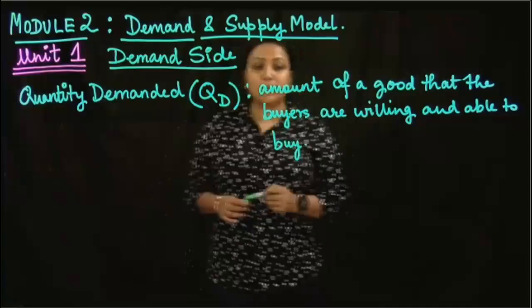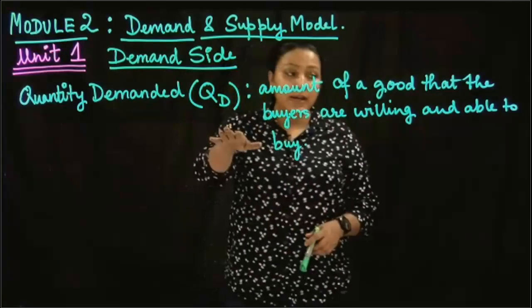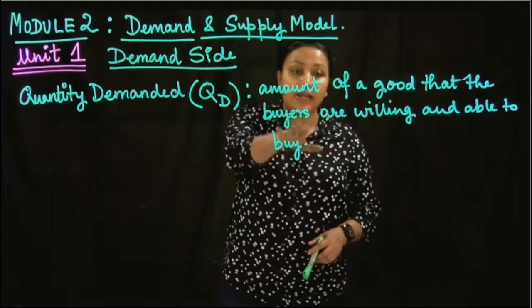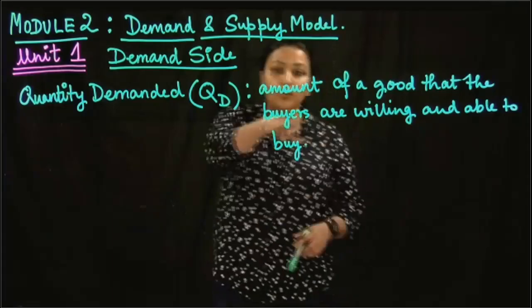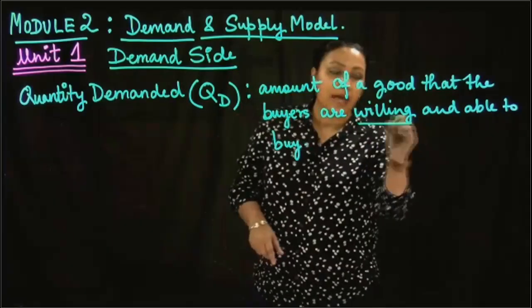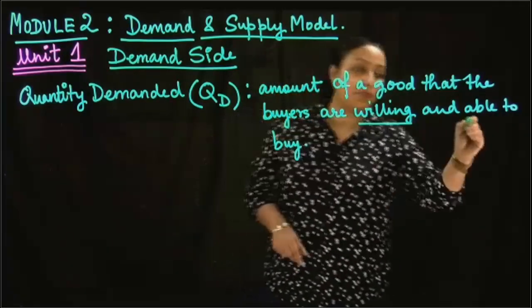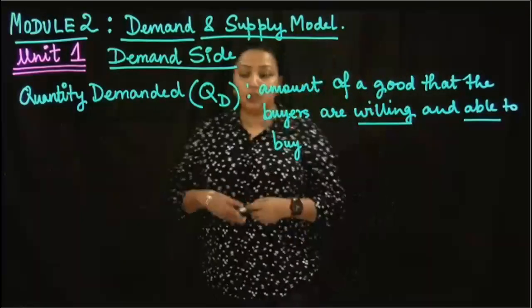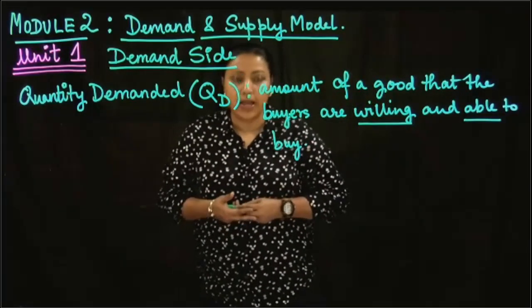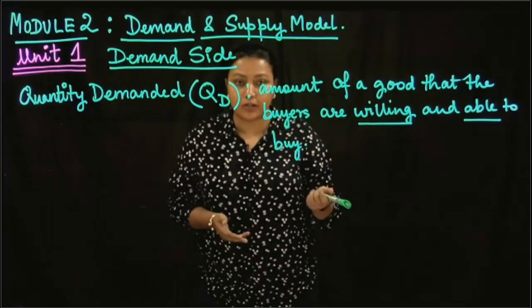So you can see that when we talk about quantity demanded, there is an embedded or inherent concept of willingness, and there is also an embedded concept of ability. So the buyer should be willing to buy this quantity and they should be able to buy this quantity.